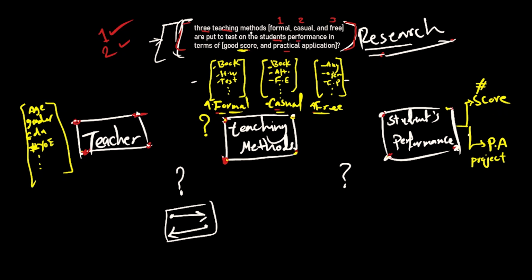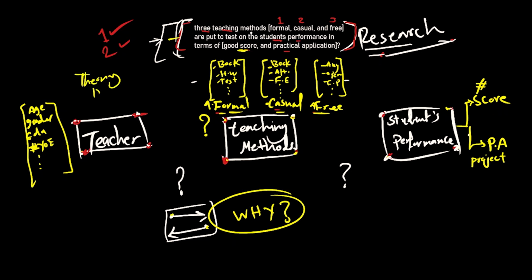And the actual meaning of defining the arrows is as if we are trying to say, why are we conducting this research? What is the purpose of this? The purpose actually, as simple as the statement says, if there is an assumption or theoretical assumption, a hypothesis, which says that there is an existing relation between the teaching method that is affecting the student's performance.